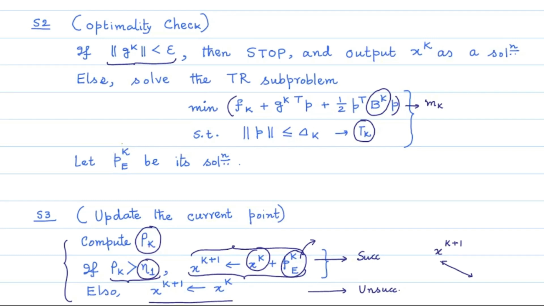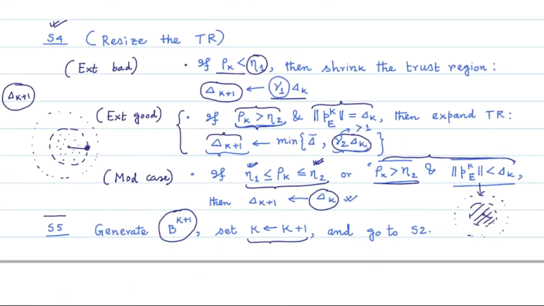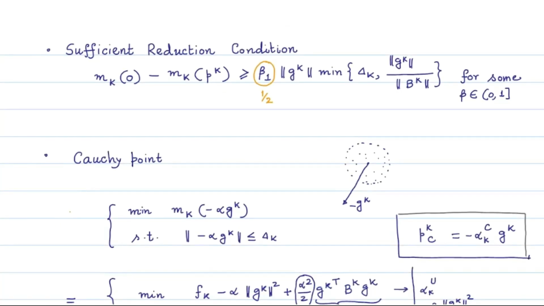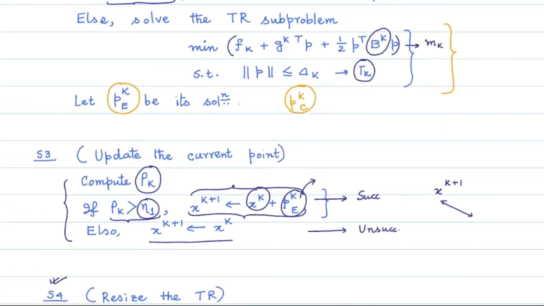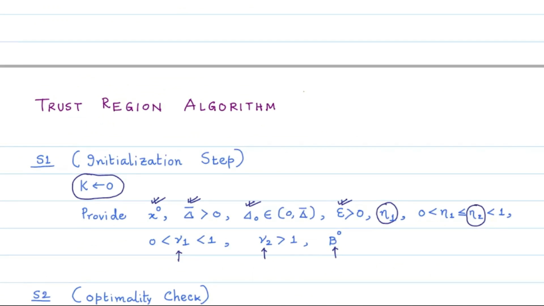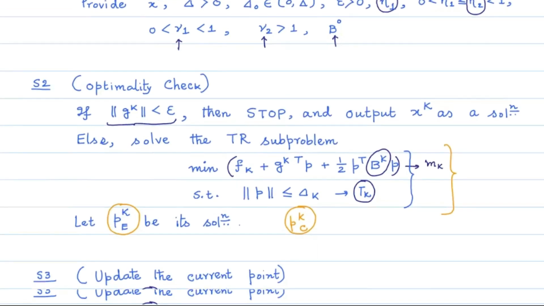As p_k^C has a sufficient reduction of the model function, we can replace the trust region subproblem by this Cauchy point subproblem, and accordingly the revised algorithm will be named the Cauchy point trust region method, which is a globally convergent trust region method.